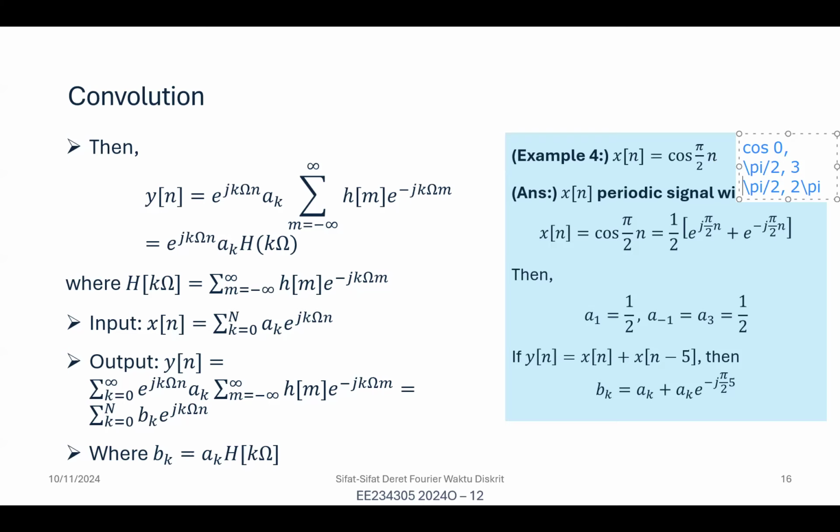So this is a periodic signal with N equals 4, and we can break this down into xn equals half of e to the j pi over 2 n plus e to the minus j pi over 2 n.